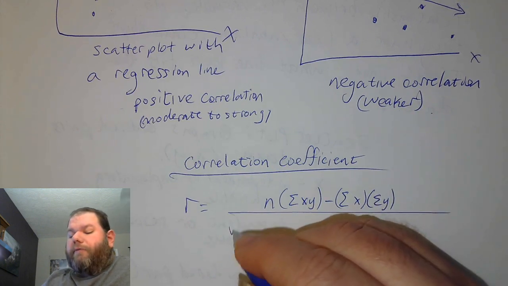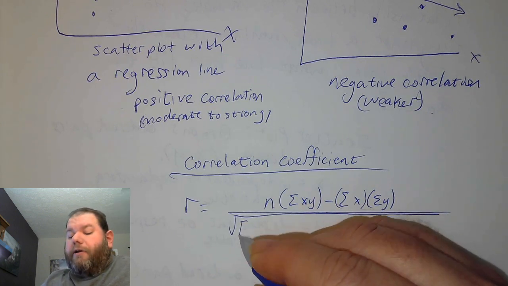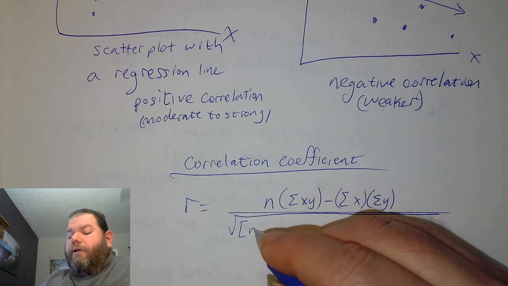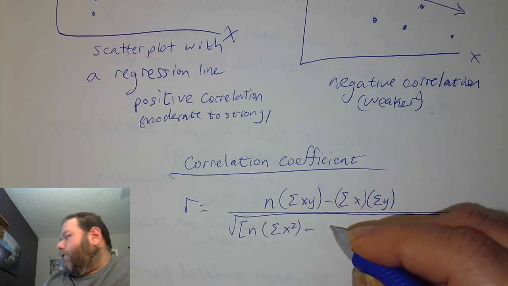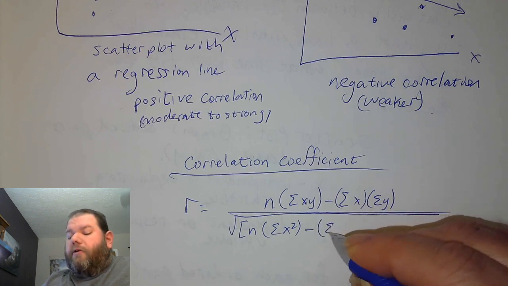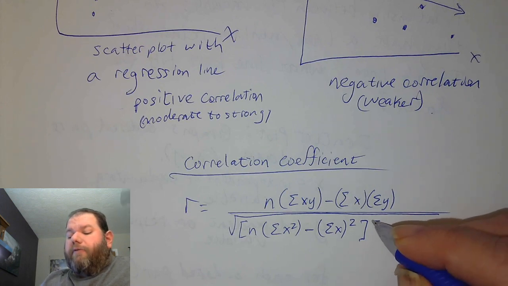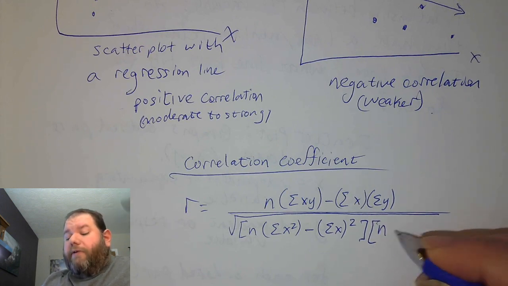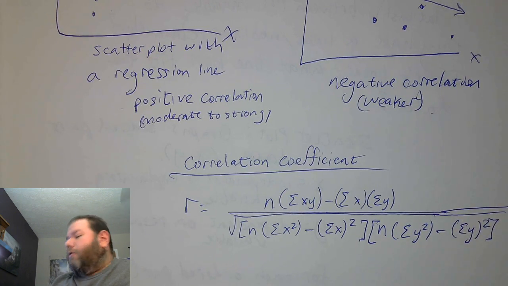On the denominator, we have a square root and a bracket inside that. N times the sum of the x squares minus the sum of the x's in parentheses squared, close bracket. And then we have a similar term but with y's instead of x's, so n times the sum of y squared minus the sum of the y values squared, close bracket.